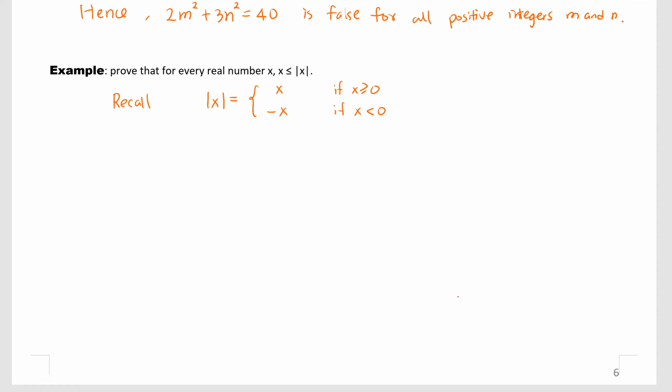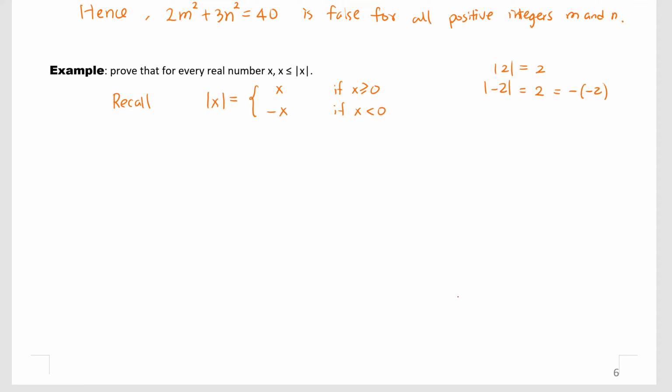Just to give you an example, negative 2, absolute value is 2. But what is 2? 2 is actually negative of negative 2, because negative 2 is negative, so when you put a negative sign in front of it, it makes it positive. So that's why here, x is negative, then minus x is positive. And keep in mind, the absolute value is always positive. And of course, absolute value of 2 is 2. Okay?